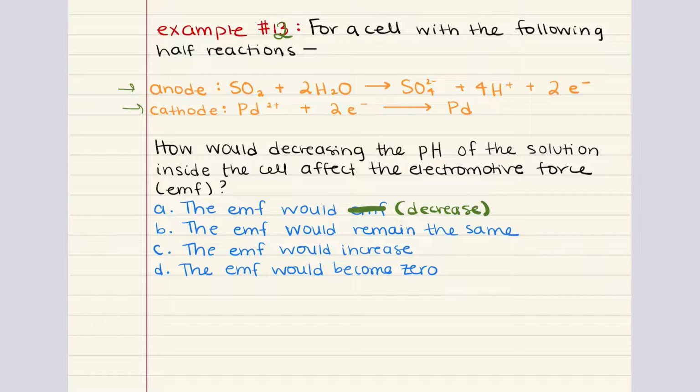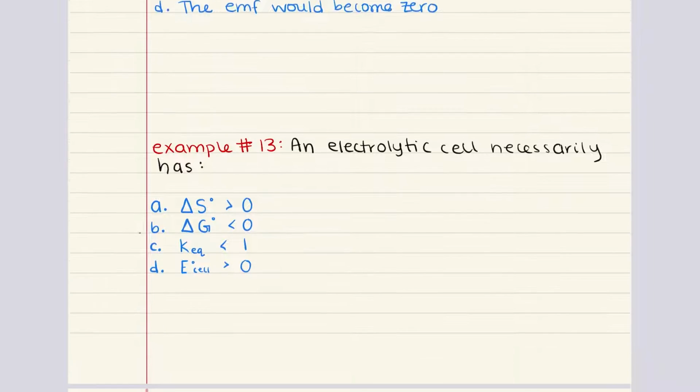Now, decreasing the pH increases the hydrogen ion concentration, which means the concentration of products has increased in the oxidation of sulfur dioxide. This means it would be harder to liberate electrons, thus decreasing the electromotive force. So the correct answer to problem 12 is going to be answer choice A. Beautiful. Let's tackle problem 13.